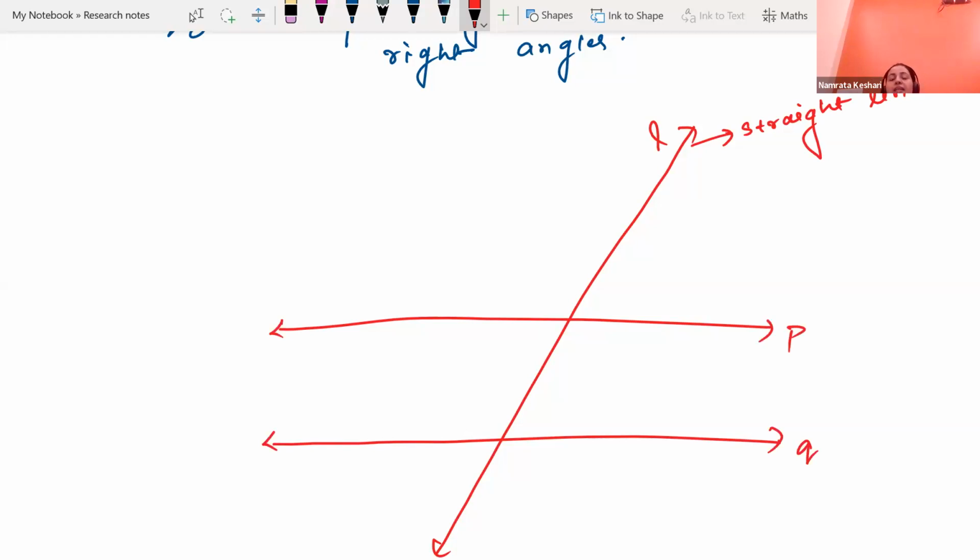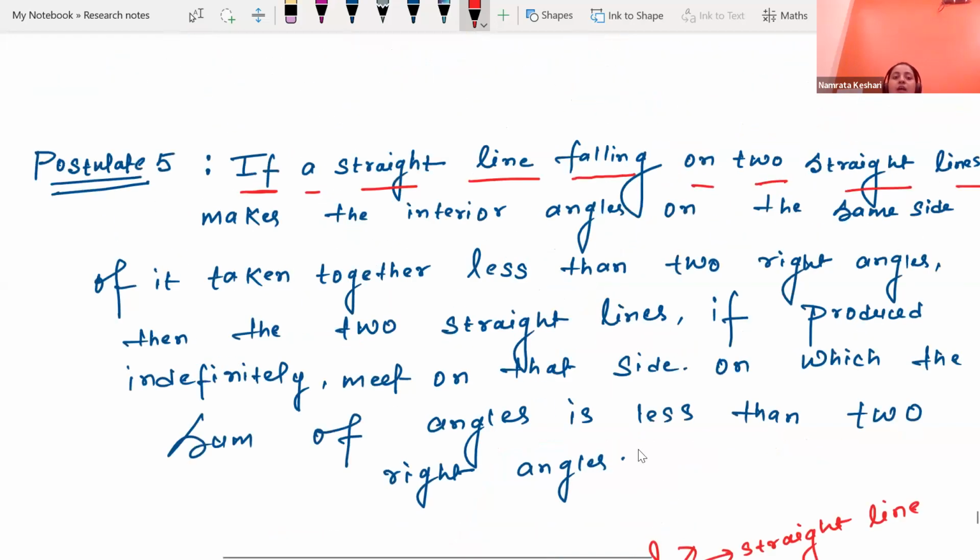There is a straight line L which is falling on two other straight lines. Clear? Yes, ma'am. Okay. Makes the interior angle on the same side of it.